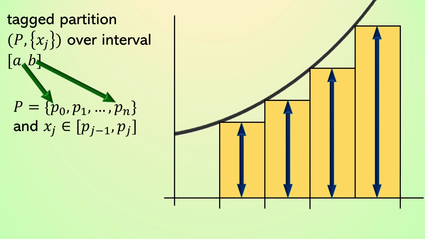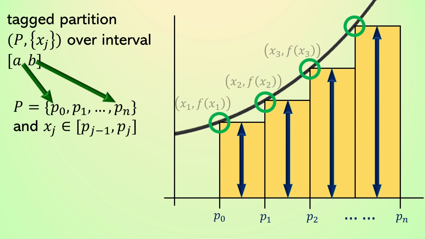Then, of course, when we're calculating a Riemann sum, we're effectively trying to estimate the area using a bunch of rectangles. And that partition will effectively provide us with the start and end points for each of those rectangles. The height of the rectangles can then be calculated by selecting the x values we chose as part of forming the tagged partition and plugging them into the function we're trying to integrate.